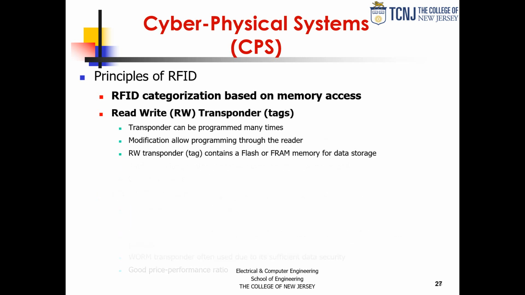Then you have the one that you can read and write multiple times, and that has memory technology that is essentially flash memory, or EEPROM, which is electrically erasable read-only memory, but flash is more common.